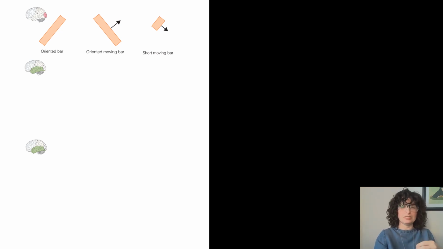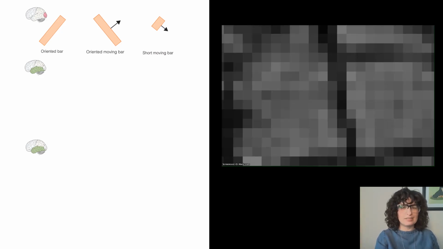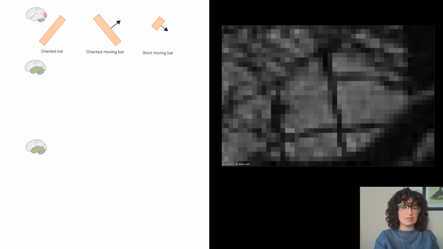That's where the feature detectors live, and they are processing not even full shapes, they're processing parts of shapes, like a bar of light of a particular orientation, a bar of light of a particular orientation and moving in a particular direction, a bar of light that is of a particular length and moving in a particular direction. But these are, like I said, they're all just parts of shapes that then converge to make up full objects. So essentially, your retinas are detecting literally circles of light versus dark. At the level of the primary visual cortex, you get these basic features.